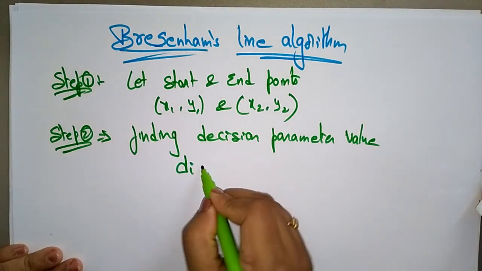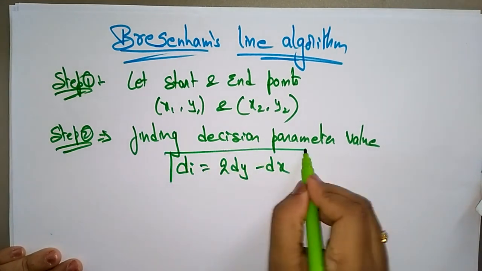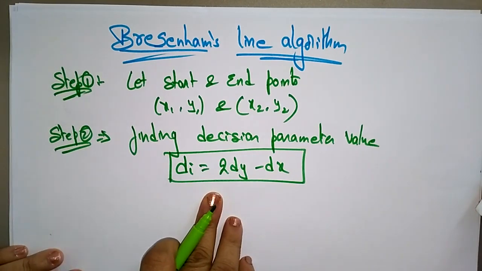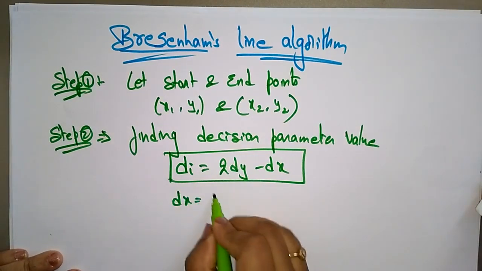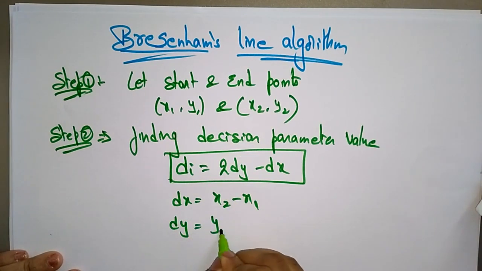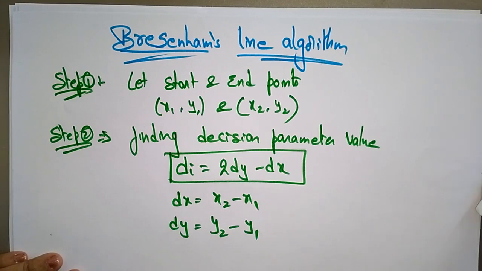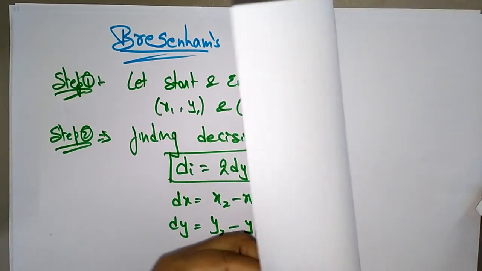The formula is di = 2dy - dx. Just remember this formula. Here dx is x2 minus x1 and dy is y2 minus y1.